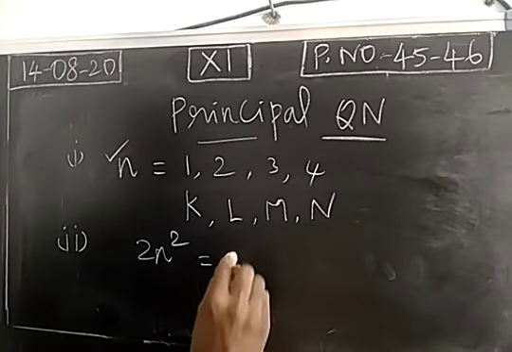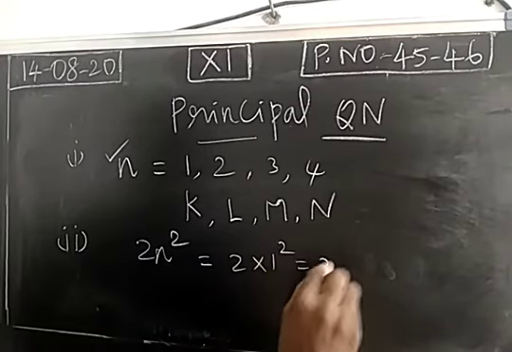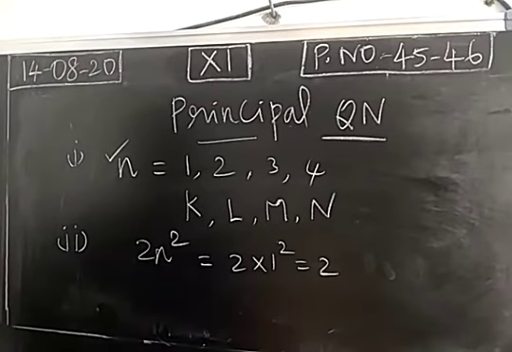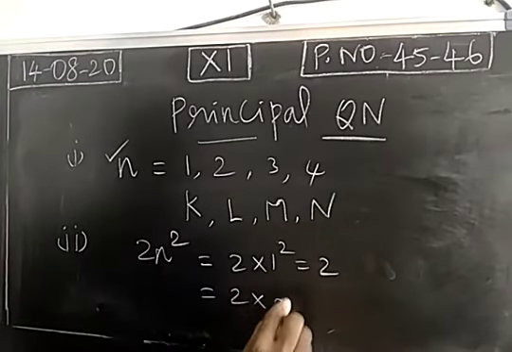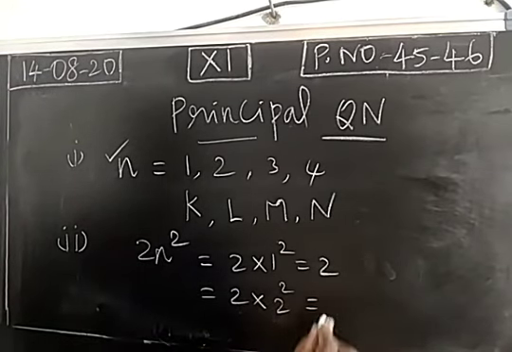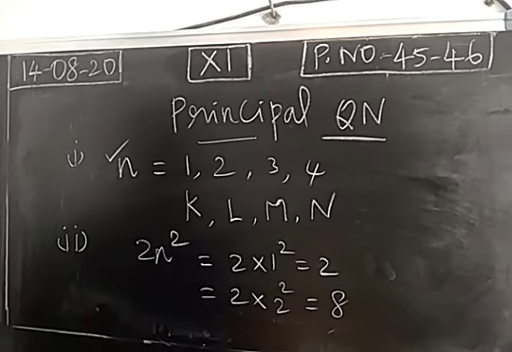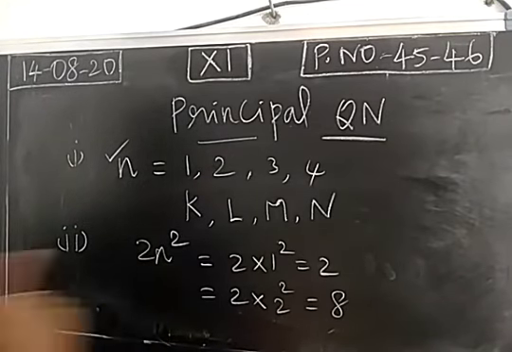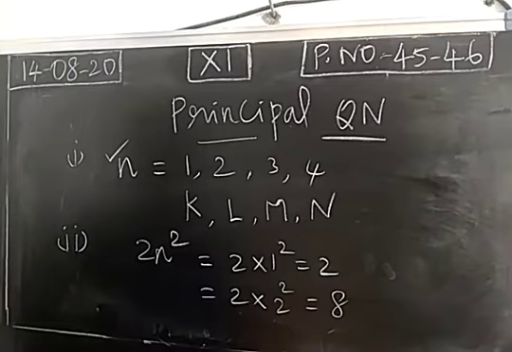Principal quantum number 1 means maximum 2 electrons can be present in the first orbit. If you take the second orbit, maximum 8 electrons can be present in the second orbit, like that. We can calculate the number of electrons present in an orbit using the formula 2n square. Here n is nothing but the principal quantum number.